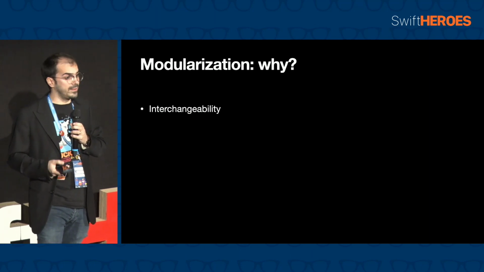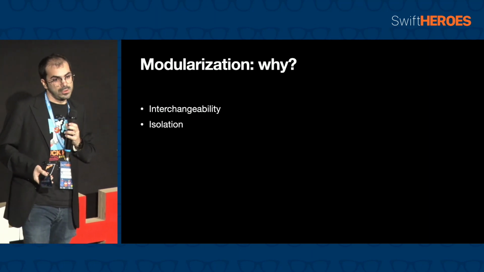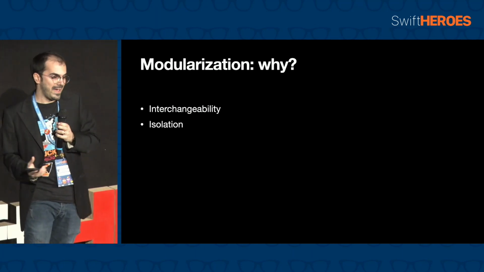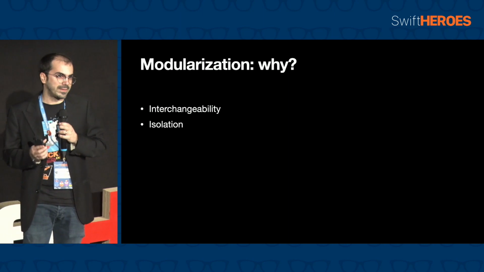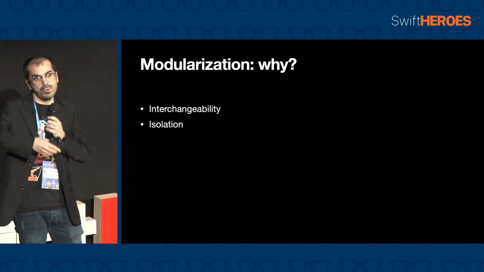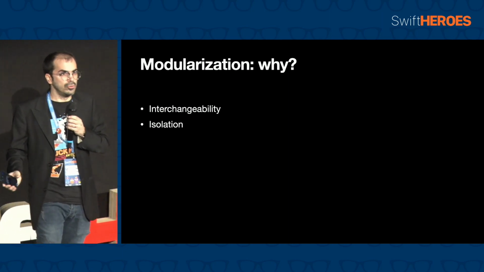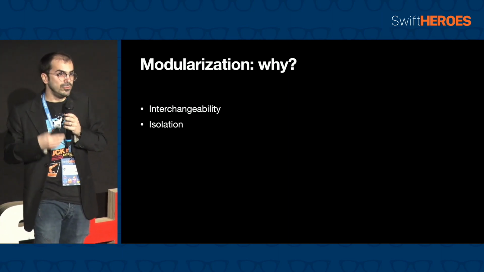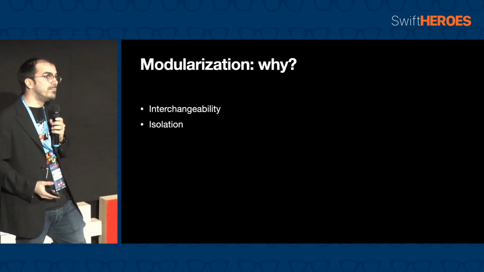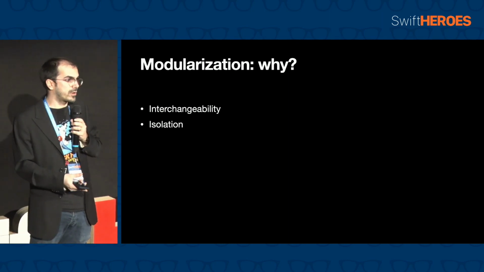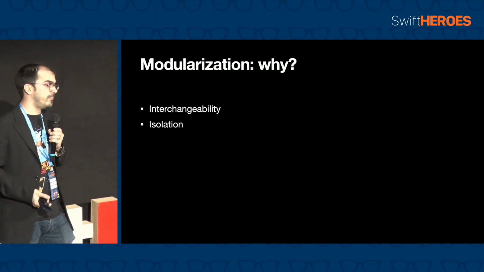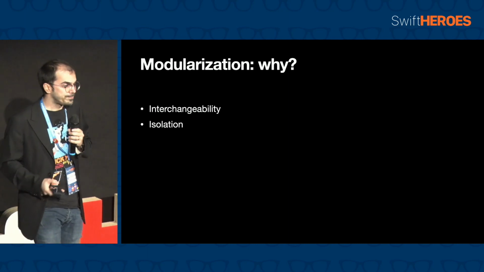Another benefit is isolation. Each module is isolated from the others. This means that every time we change a part of the code, every time we decide to implement a new feature, we don't have to touch the entire application. We can simply work on the impacted module, reducing the risk of regressions and so on.